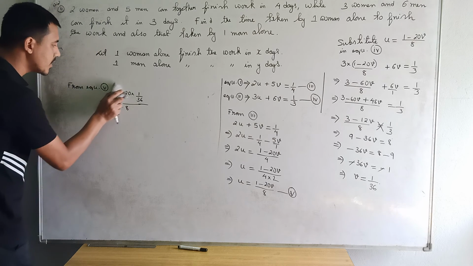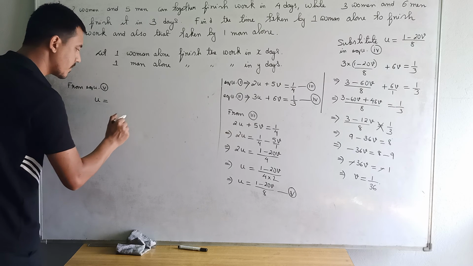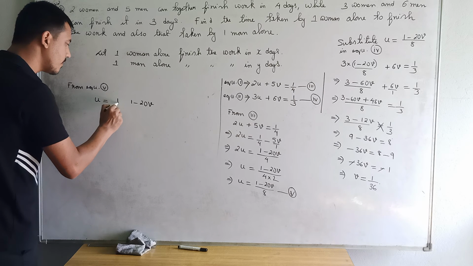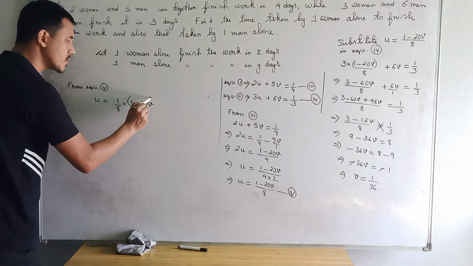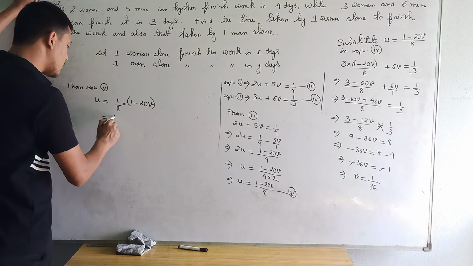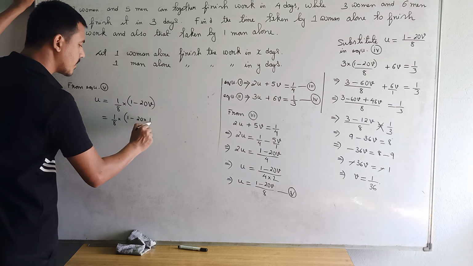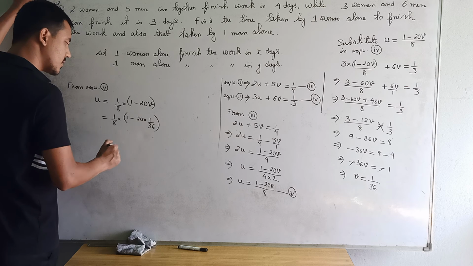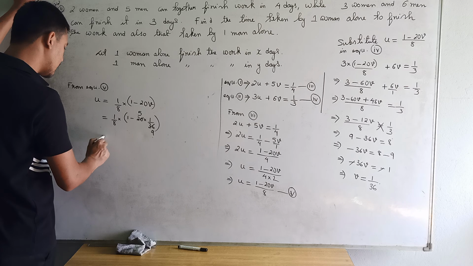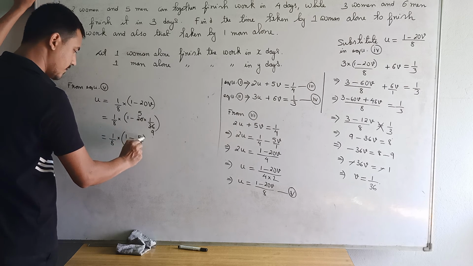If you're having confusion here, I can simply do like this. u equals 1 minus 20v, divided by 8 means 1 by 8 times 1 minus 20v, in order to make calculations easier. So 1 by 8 into 1 minus 20 times 1 upon 36. 4 5s are 20, 4 9s are 36. So 1 by 8 times 1 minus 5 by 9.